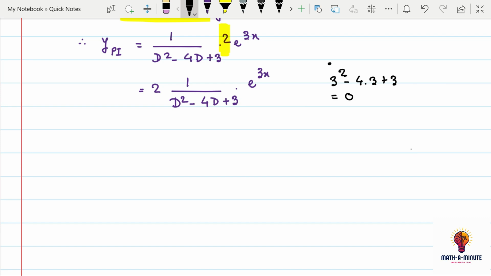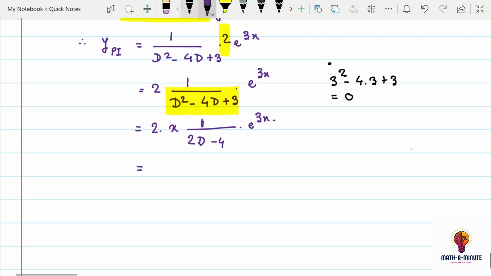Okay. So what we can do here is write x times 1 by the derivative of this function. If we differentiate this function with respect to D, it will be 2D minus 4, e to the power 3x. This is the second rule.